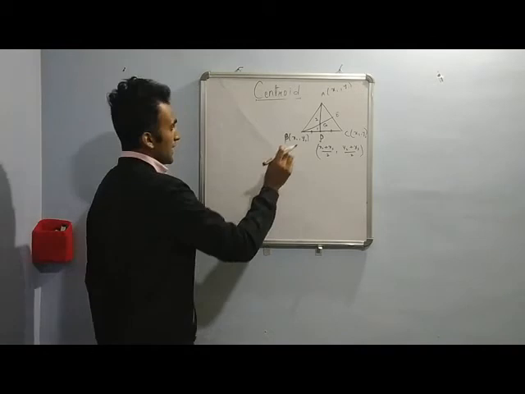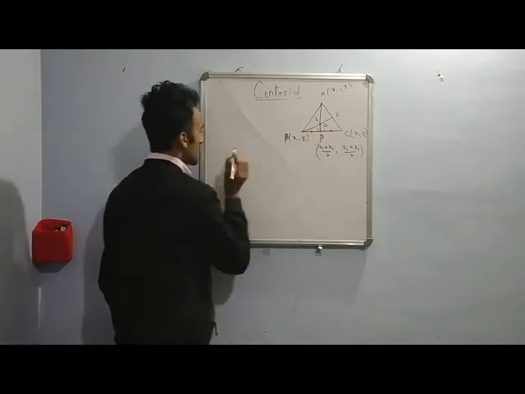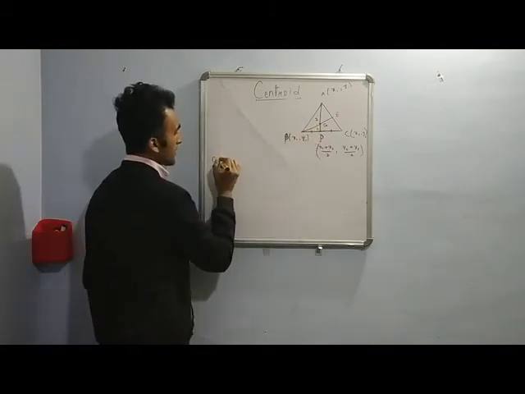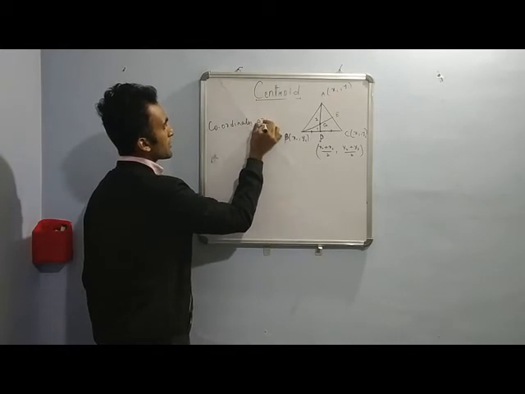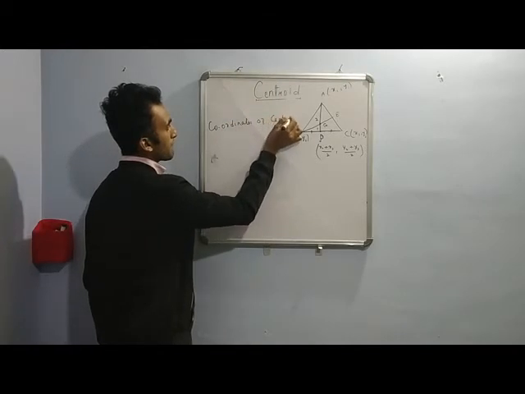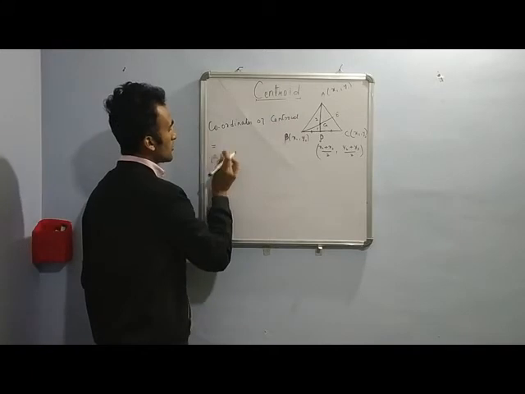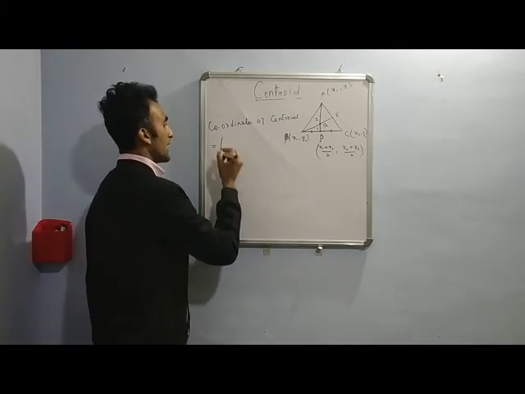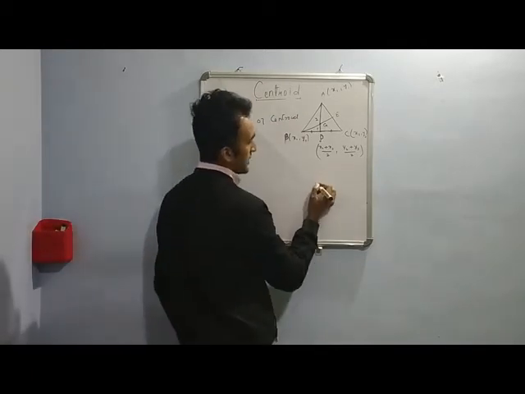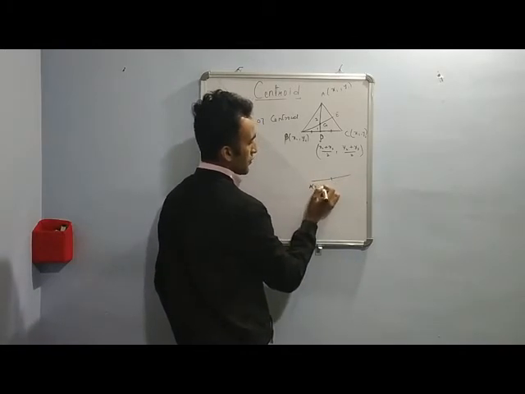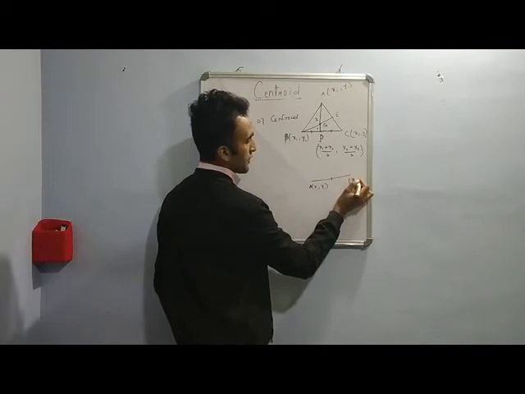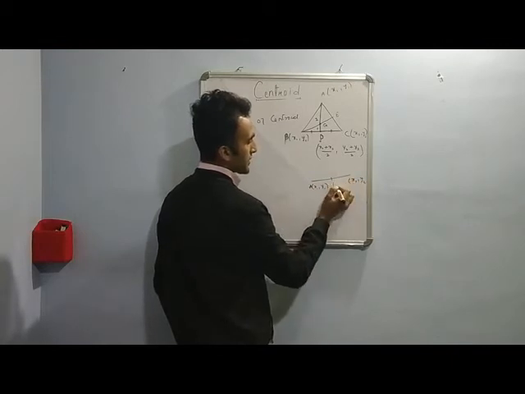Okay. Now in order to find the coordinates of this G, the coordinates of the centroid, is equal to, I'm going to use the section formula. Remember the section formula. Suppose you have a line here with A, x1, y1, and here x2, y2, and this point is x, y, and this ratio is m:n.